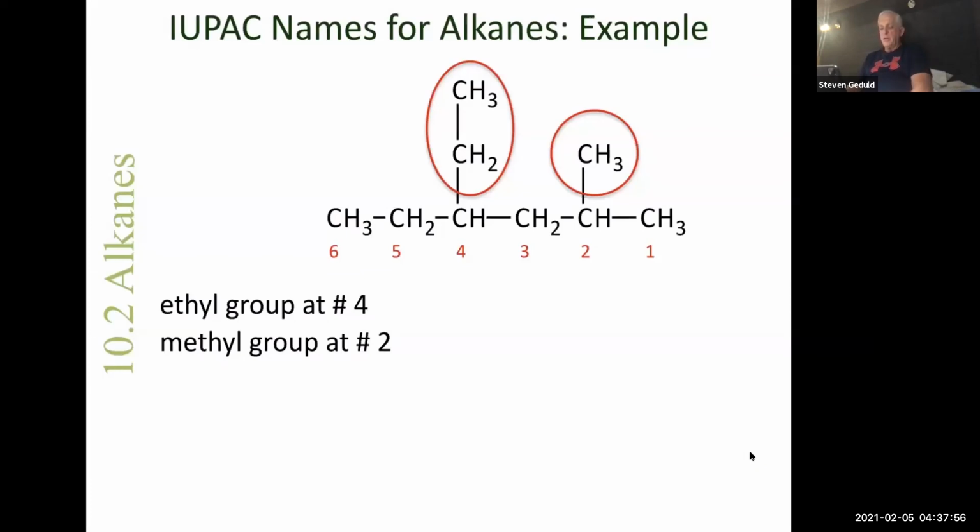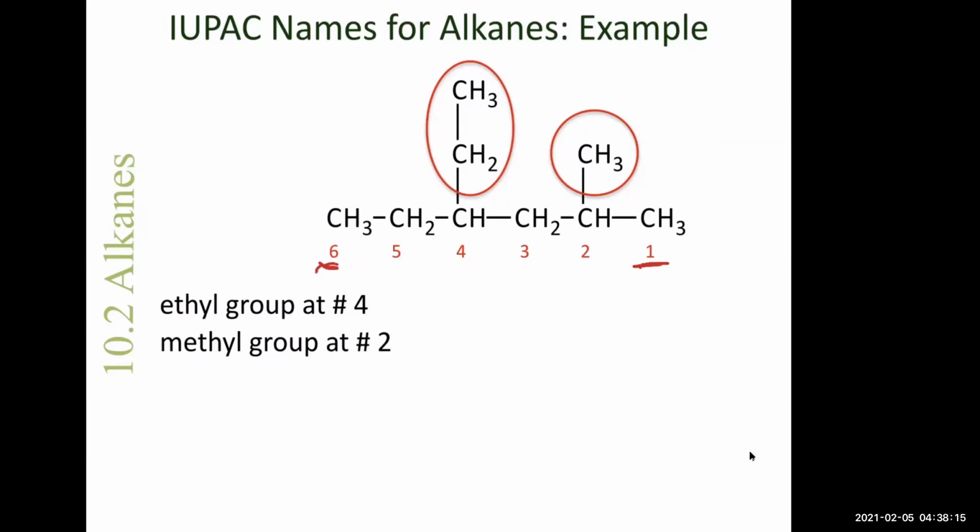So here's your alkanes. This is, again, 6 carbons. So why are we starting on the right side versus putting our 1 on the left side? Anybody know? So your methyl group starts on the second carbon. Perfect.